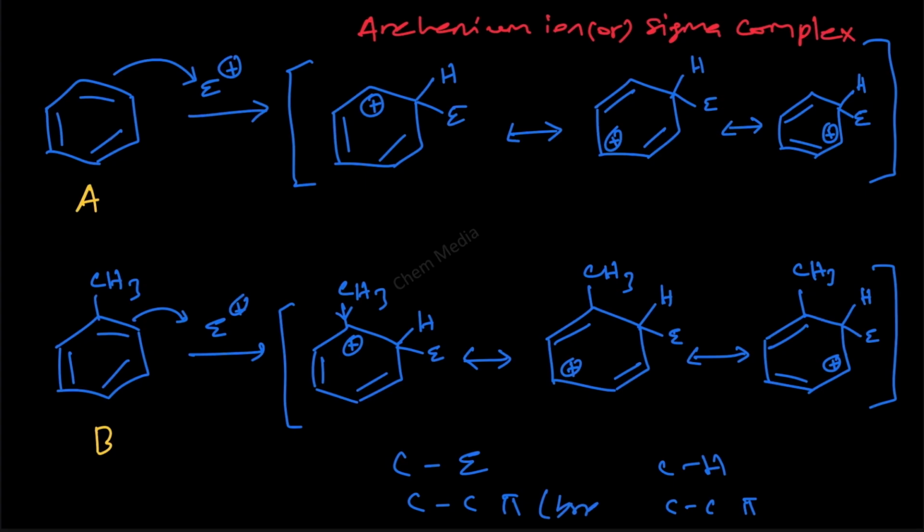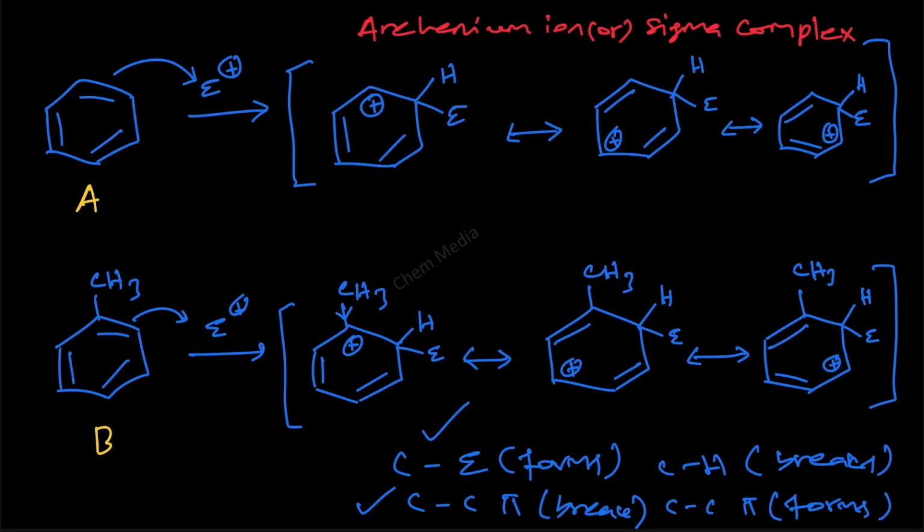Here it breaks, here this forms, here the CH bond breaks in the next step, but that is not the rate determining step. This is the rate determining step. Simultaneously happening, formation of carbon electrophile bond and breaking of carbon carbon pi bond, that is the rate determining step.